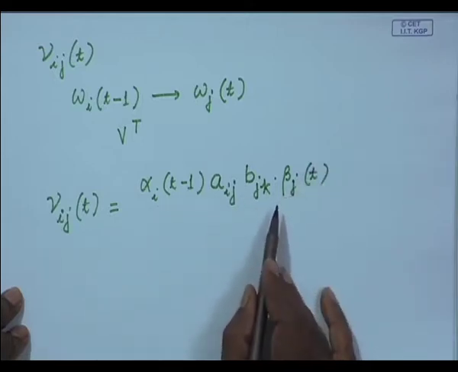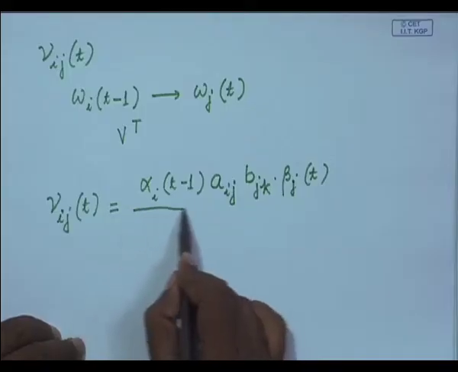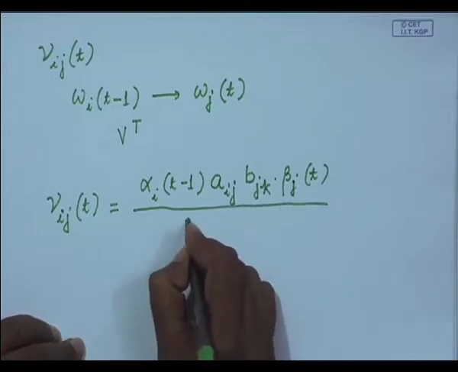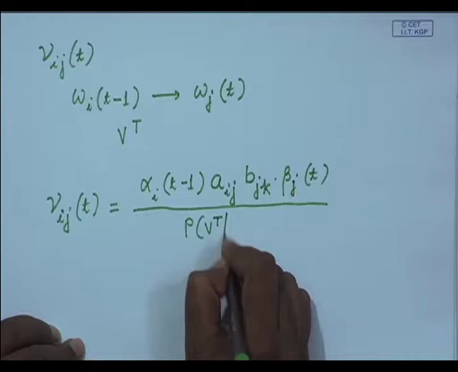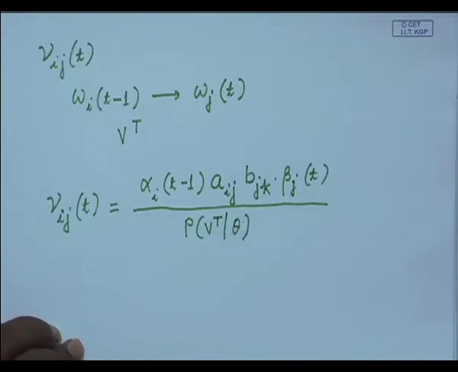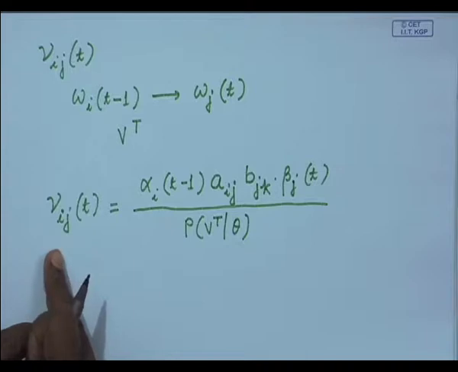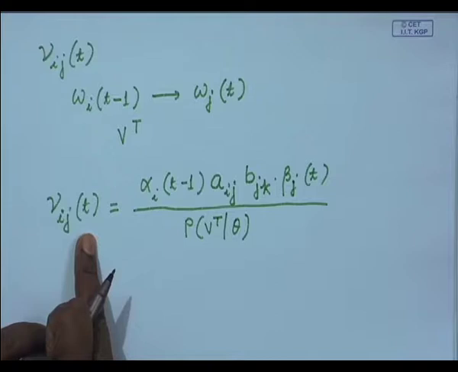So, this is the probability of transition from state omega i to state omega j in the time step t minus 1 to t, while generating the sequence V t, and this is divided by p V t given theta. So, this will be my probability of transition from omega i to omega j in the time instant t.